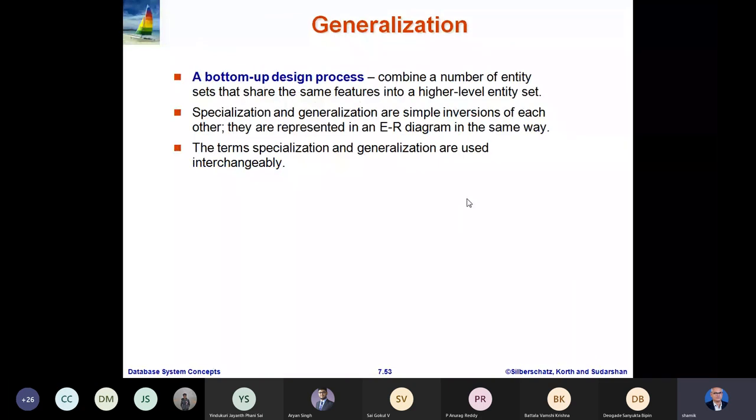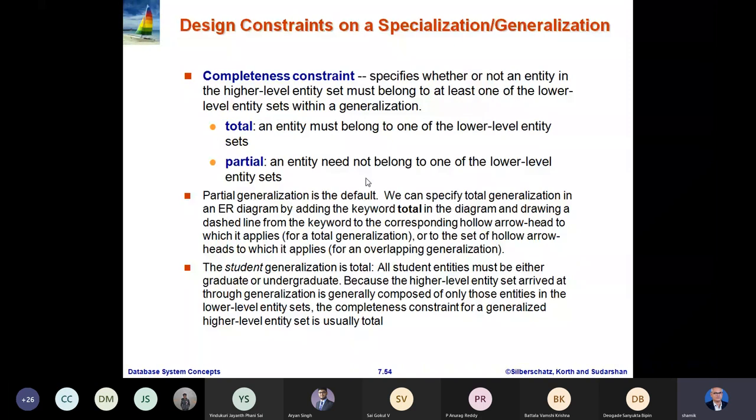So often the terms specialization and generalization are used interchangeably. Of course, if the lower level is a specialization, the higher level is a generalization. In that sense, it is used interchangeably. Of course, the lower level will never be called generalization, or the higher level will never be called a specialization.